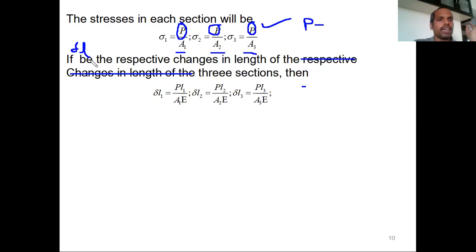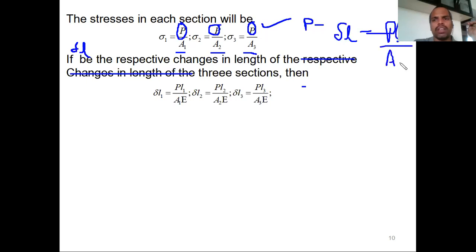Total elongation may be delta L, but delta L1 differs because the lengths are also different, right? Each member is subjected to a different area and length. So what is the formula of delta L? Delta L is equal to PL by AE, the basic sum.